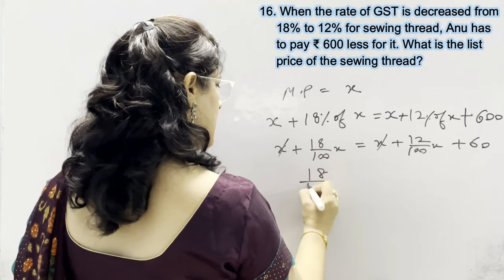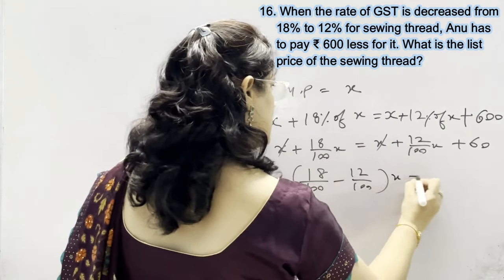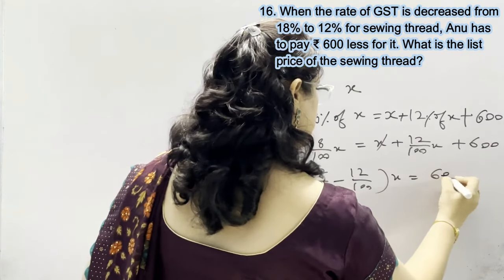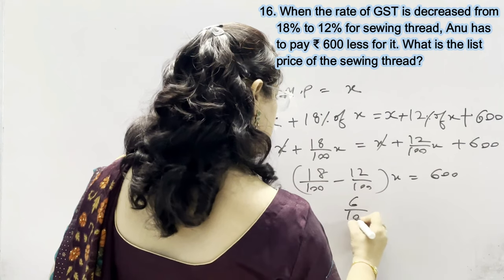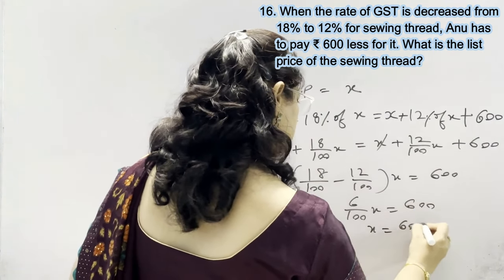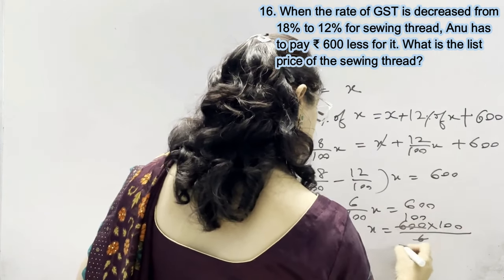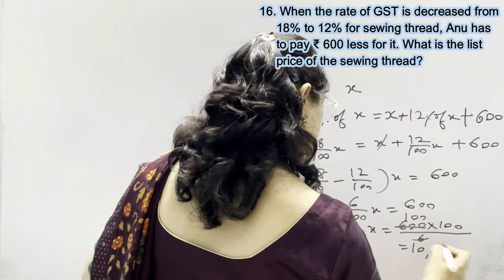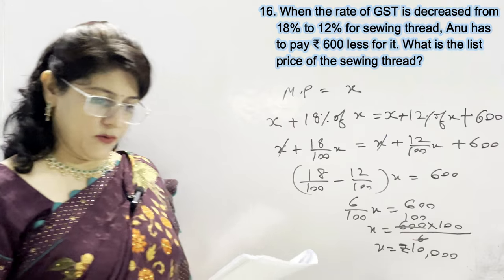After cancellation, 18 upon 100 minus 12 upon 100, X is equal to 600. So 18 minus 12 means 6 upon 100, X is equal to 600. So X is 600 into 100 divided by 6, which is 10,000. So X is equal to rupees 10,000.